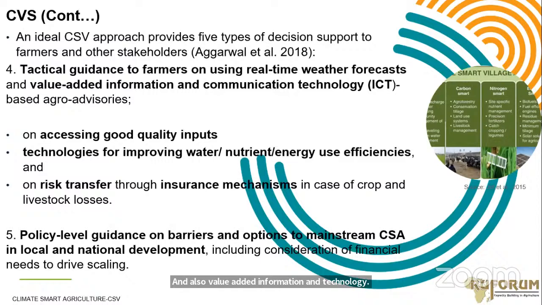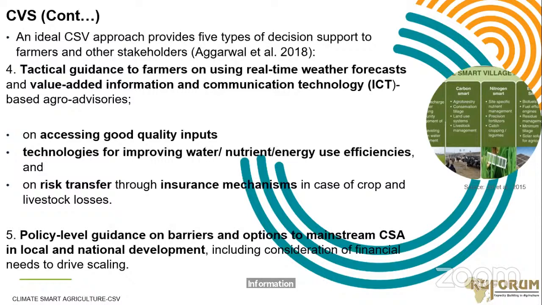And these are very key because decisions to evade or to minimize risk associated with climate require not just real-time, but timely and accurate information.